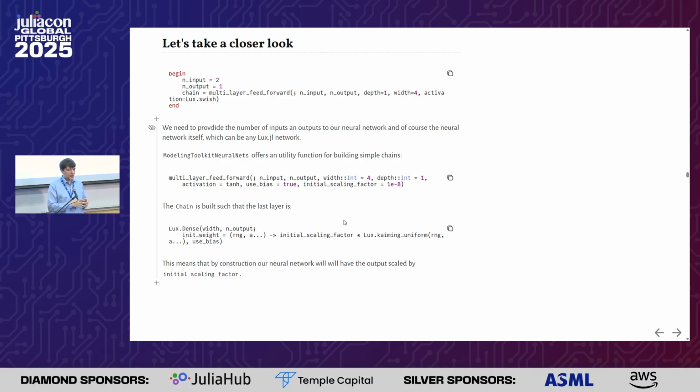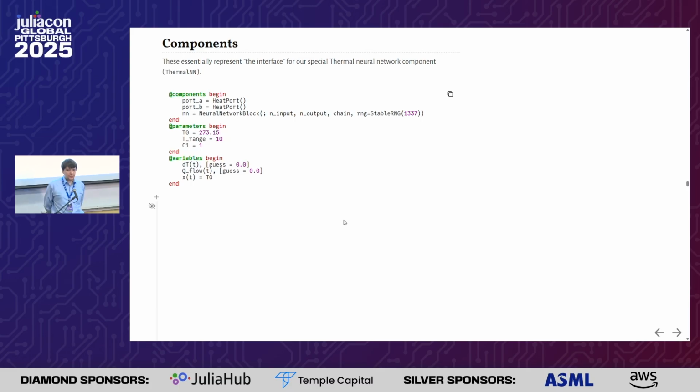The neural network weights will be random at the beginning, so we need to make sure that this randomness doesn't affect the system too much, so that we can start the training from a stable state.